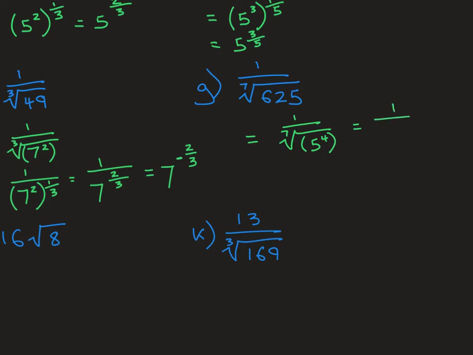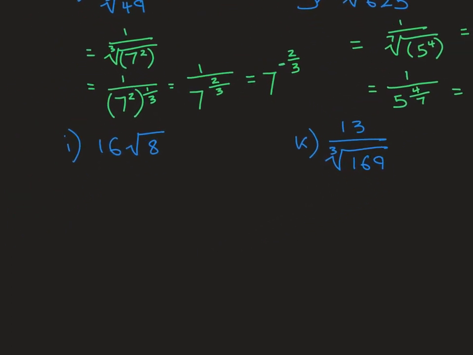So that's going to be equal to 1 over 5 to the power of 4 to the power of 1 on 7, which is going to be equal to 1 over 5 to the power of 4 on 7, okay, which is then going to turn into a negative index number, like this.